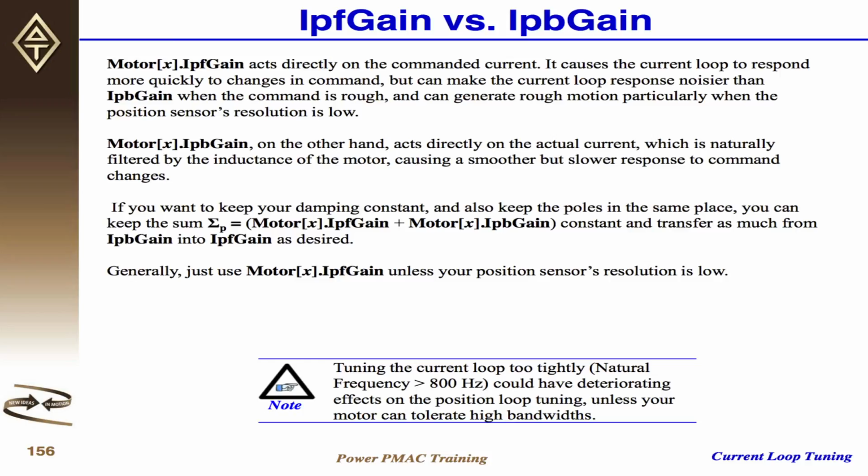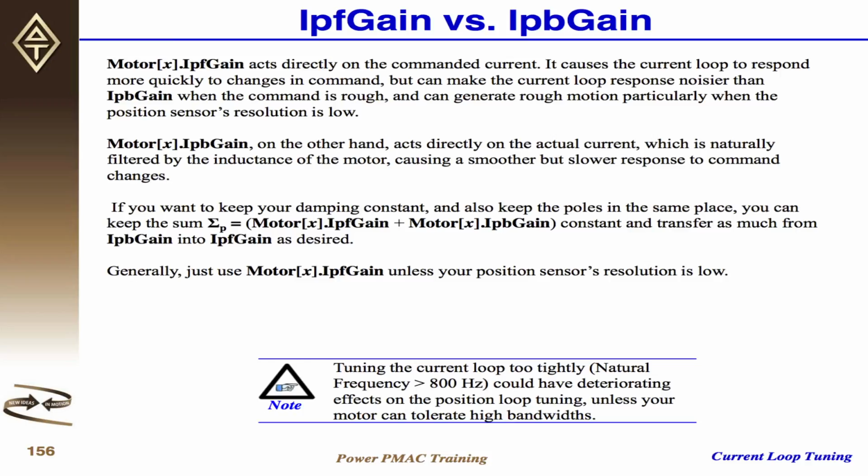Now, the IPF gain and the IPB gain act on different current values. IPF gain acts on the commanded current, so your current loop will respond more quickly to changes in command, but may actually make your current loop response noisier than the IPB gain when your command is rough.